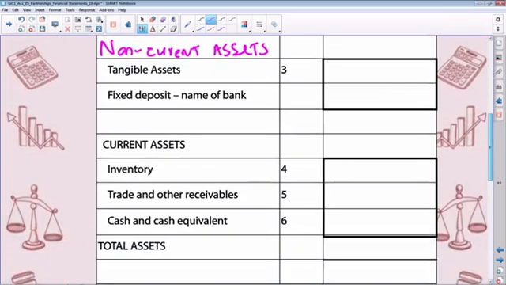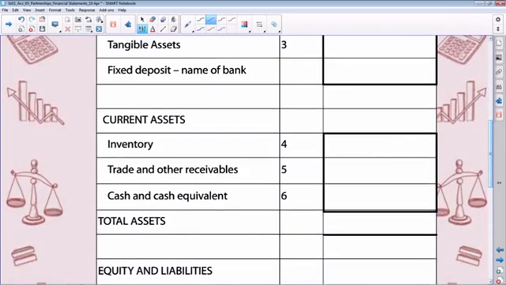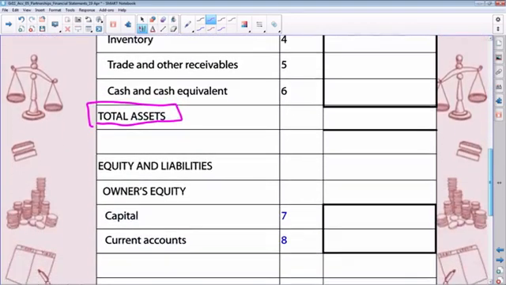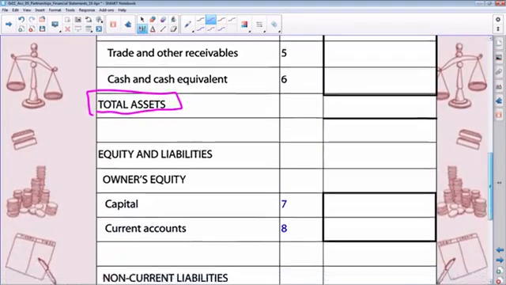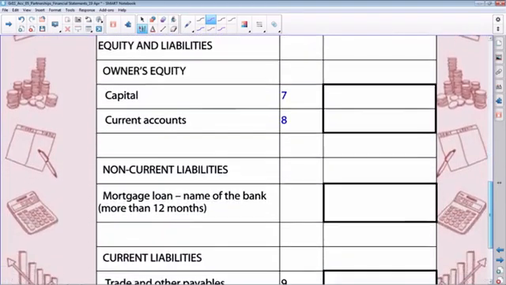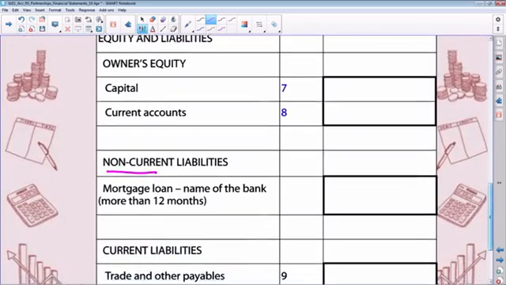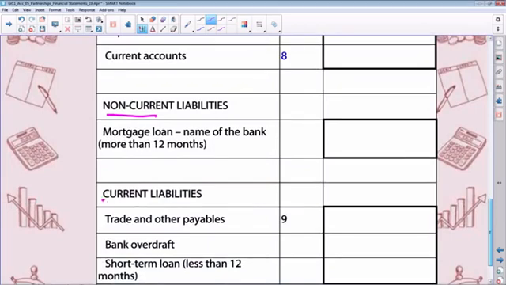If I add my non-current assets plus my current assets, that gives me the first subtotal of the balance sheet, my total assets. Then we've got your equity and liabilities. I just want to quickly look at liabilities first, then we look at equity. So under liabilities, you'll still have non-current liabilities like you did in grade 10, as well as your current liabilities.